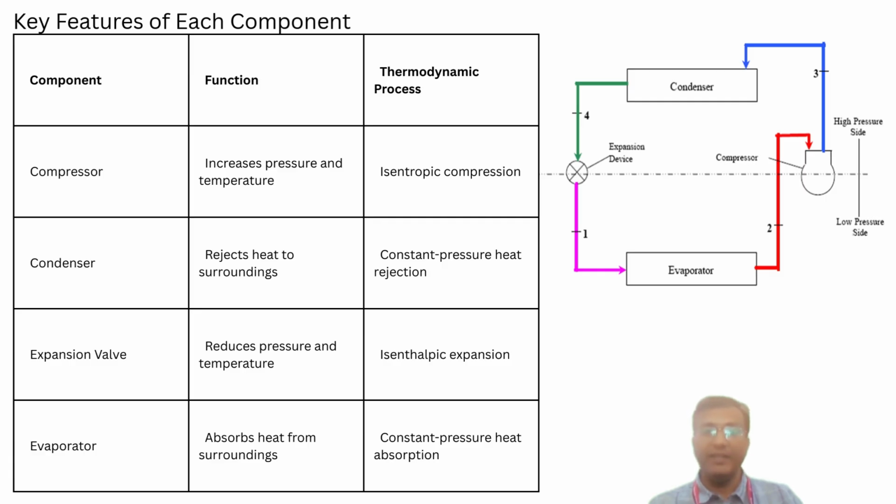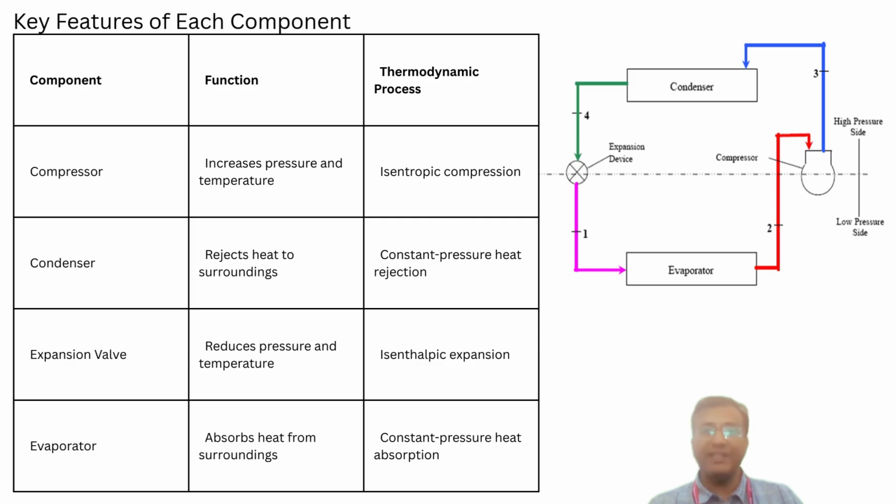This is an isentropic compression, meaning entropy remains constant, requiring work input like that of an engine. Think of the compressor as the cycle's heart, pumping energy into the system.